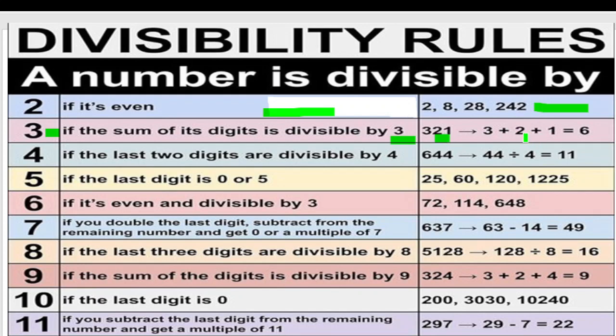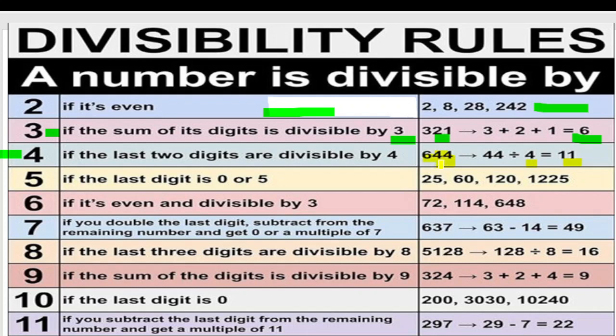So 3 plus 2 plus 1 is equal to 6. So 3 2s are 6. A number is divisible by 4 if the last 2 digits are divisible by 4, like 644. So the last 2 digits are 44 and divided by 4 is equal to 11. So 4 11s are 44.